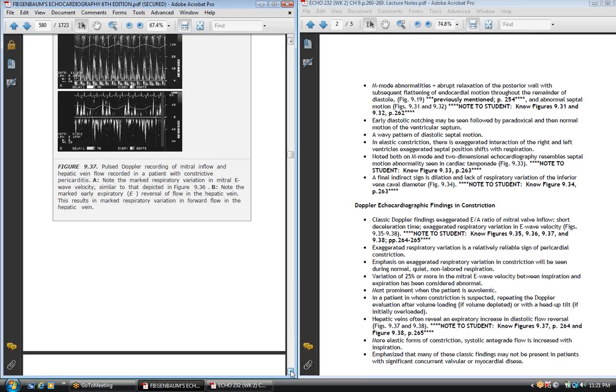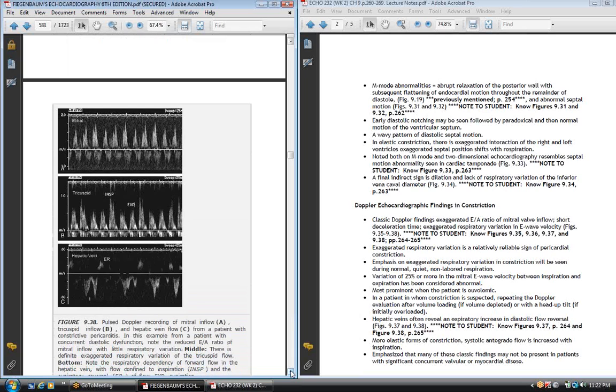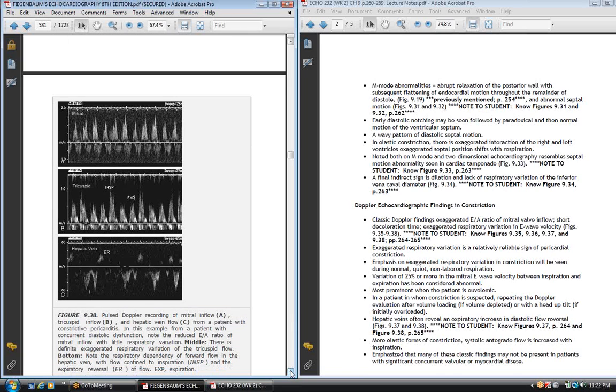Let's look at 938. Again, note your hepatic veins. Respiratory dependency of forward flow in the hepatic vein with flow confined to inspiration and the reversal of flow during expiration.